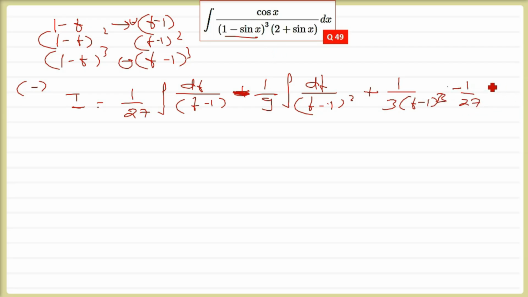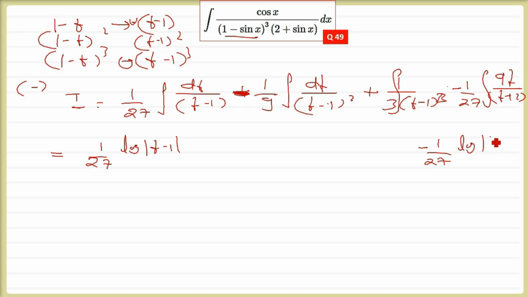So I've already done t minus 1 and t minus 1 whole cube. The last term will be this one, negative 1 by 27 multiplied by dt by t plus 2. So 1 by 27 log of modulus of t minus 1. Please remember, t was taken earlier as sin x. So that will be replaced in the latter part. 1 by 27 dt by t plus 2 will be log t plus 2.